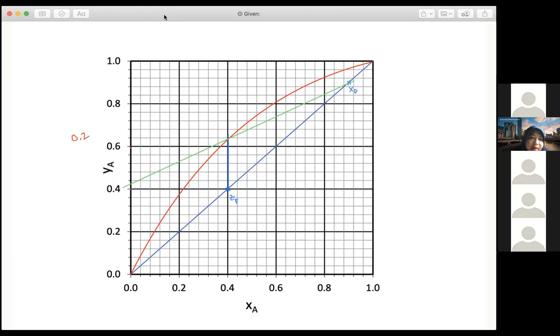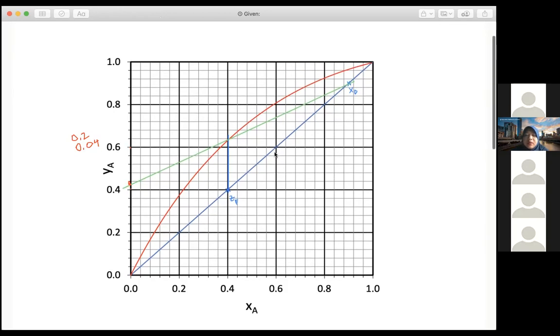Because you divided 5. 0.04, Miss. Yeah, it's 0.04. So because you're around half of the small blocks, then it's actually 0.02. So that means your intercept over here would be around 0.42. Yeah. Okay. And once you got 0.42 for the intercept, you may want to find the reflux ratio.